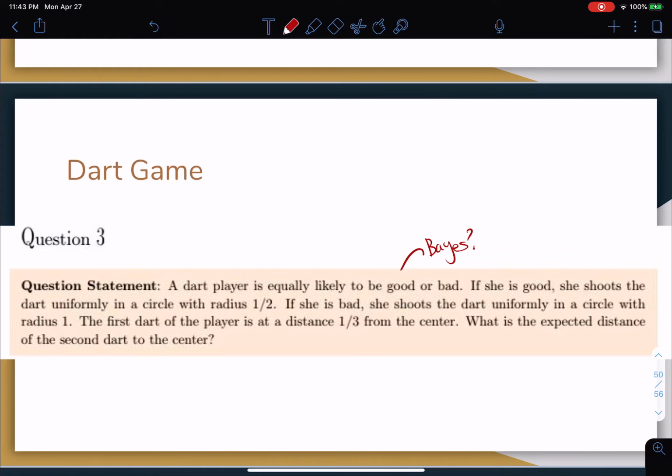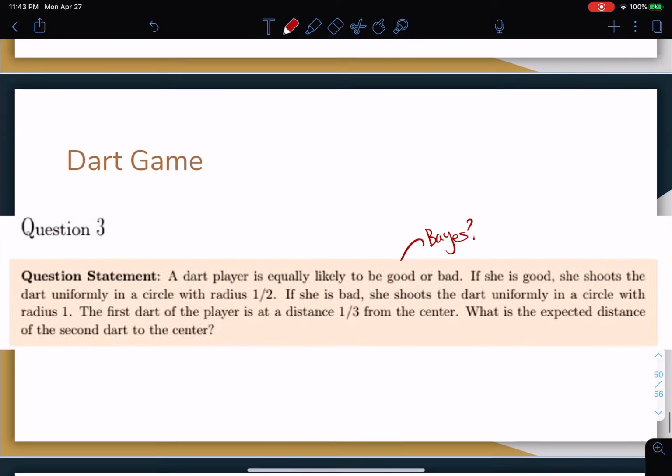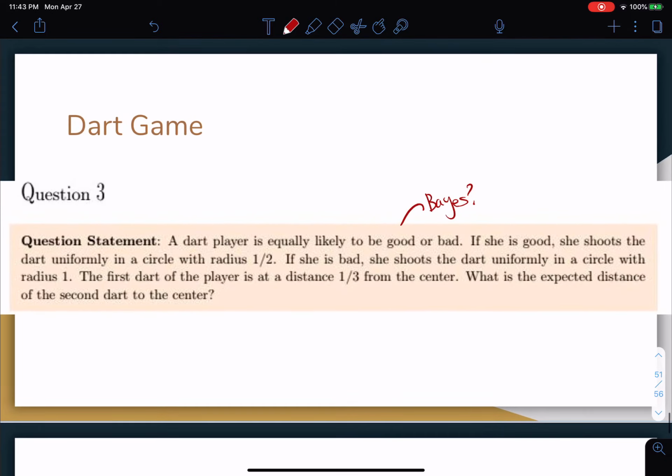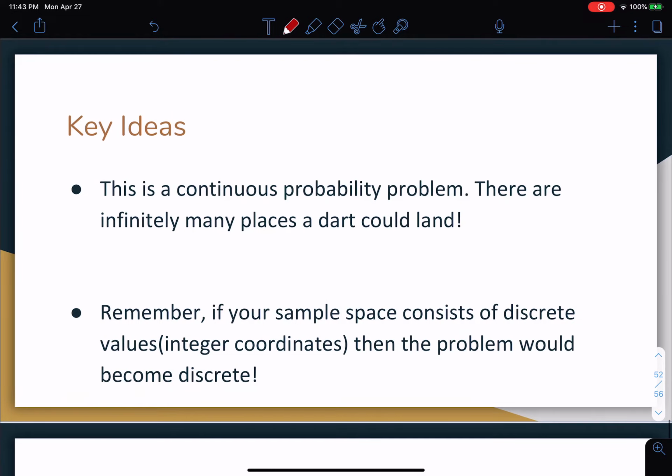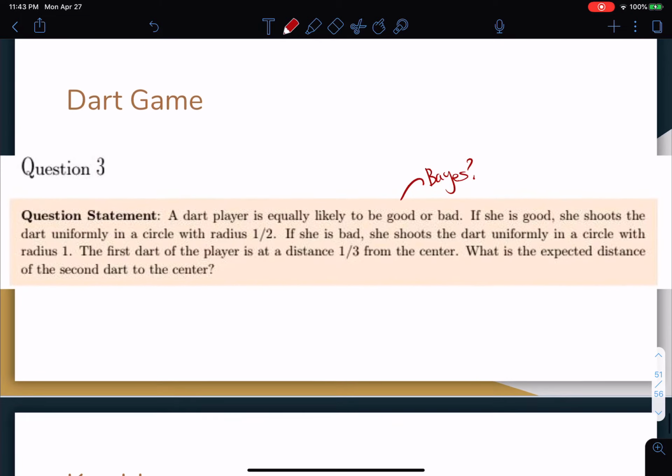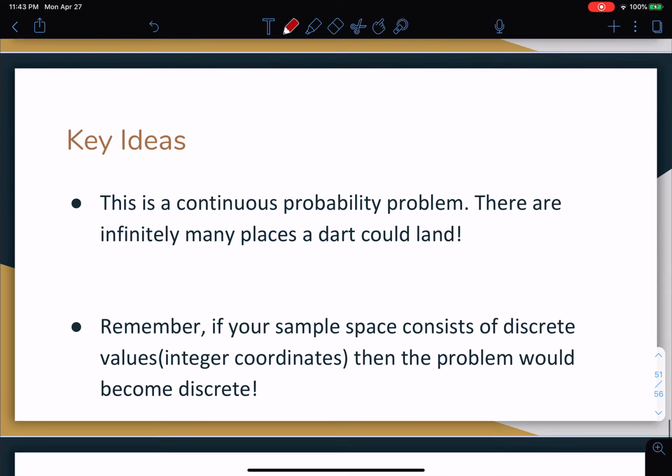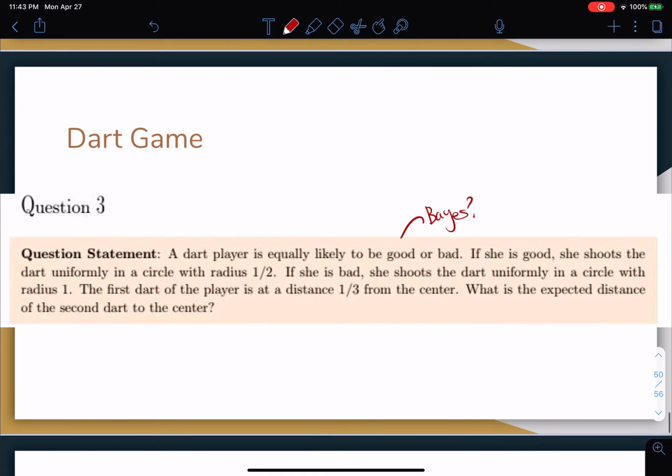So, to solve this question, I think the key idea here, my line of thinking when I see this is, okay, I want the expectation of the distance.